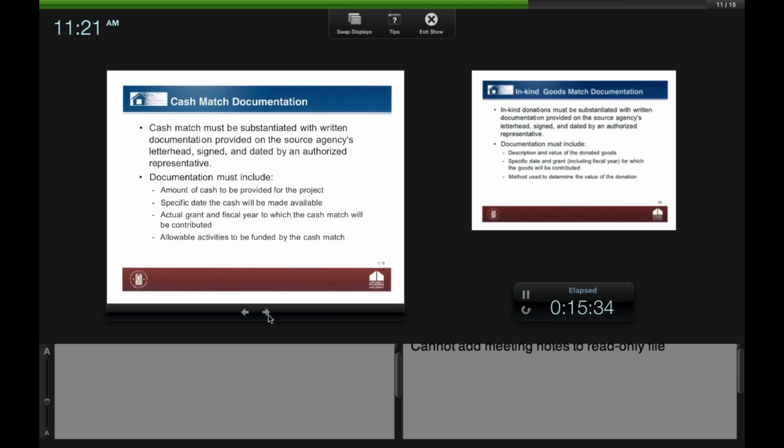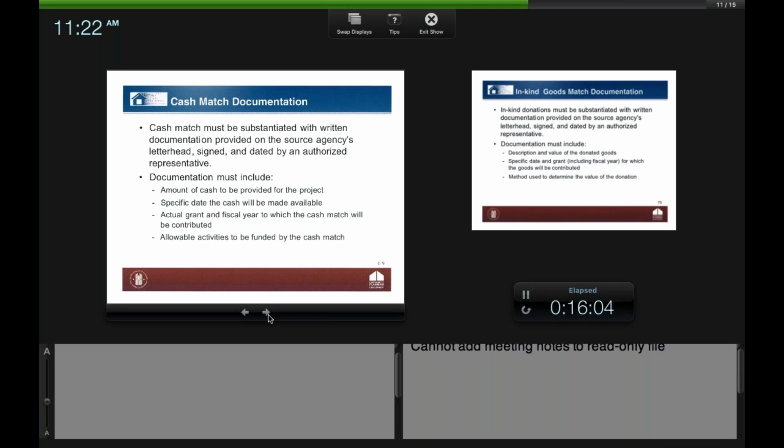The documentation is on the grantee's letterhead, irrespective of the source. For example, if your matching source is coming from the Development Services Agency in the form of housing trust or crisis dollars, the requirement to document the match is irrespective of your source.